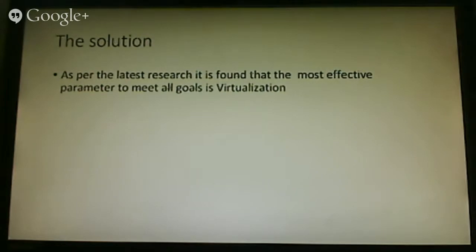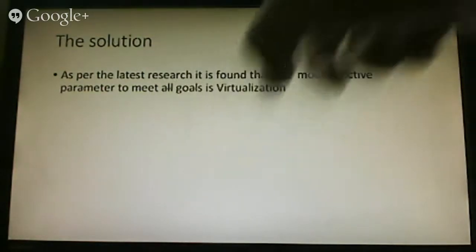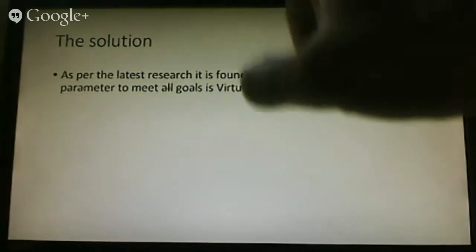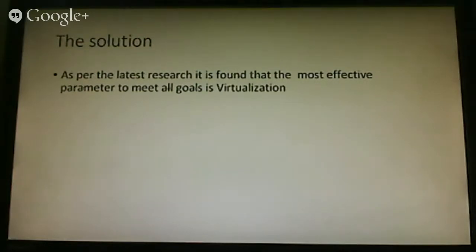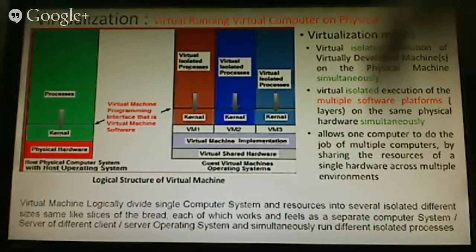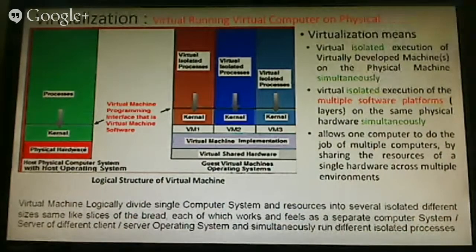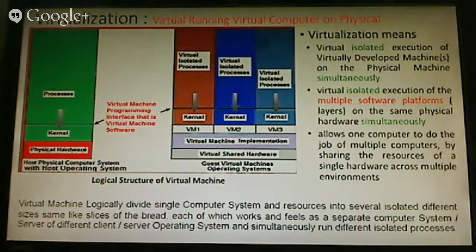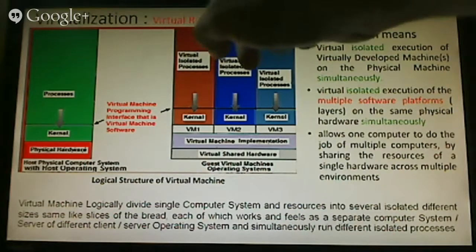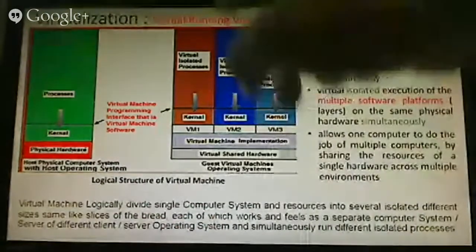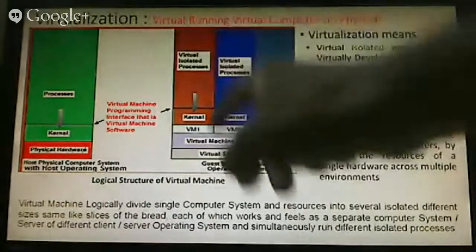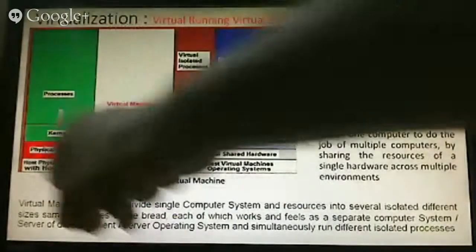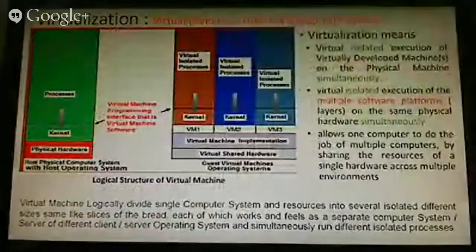As per the latest research, it is found that the most effective parameter to meet all the goals is virtualization. So what is virtualization? Virtualization means virtual isolated execution of virtually developed machines on the physical computer systems simultaneously.